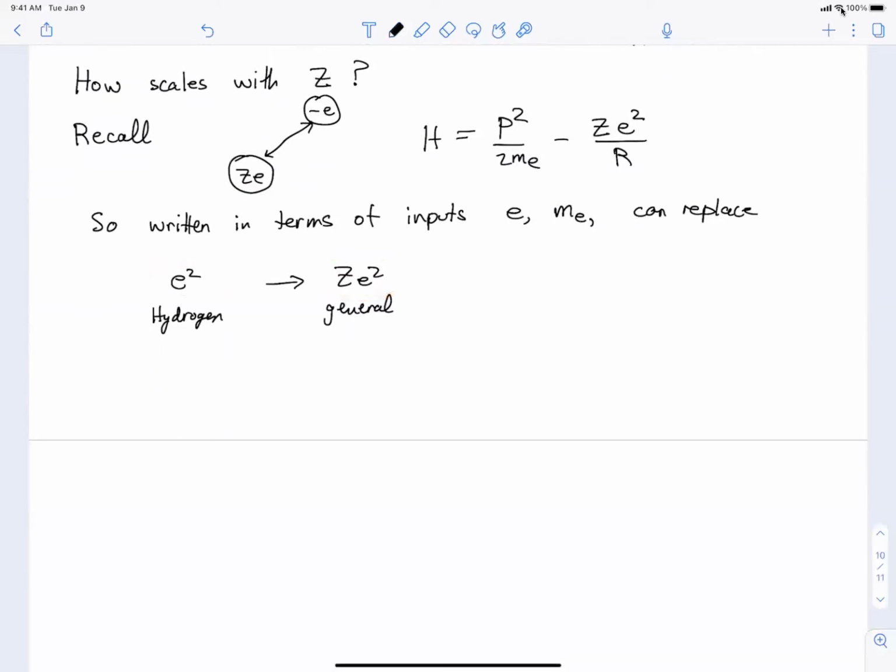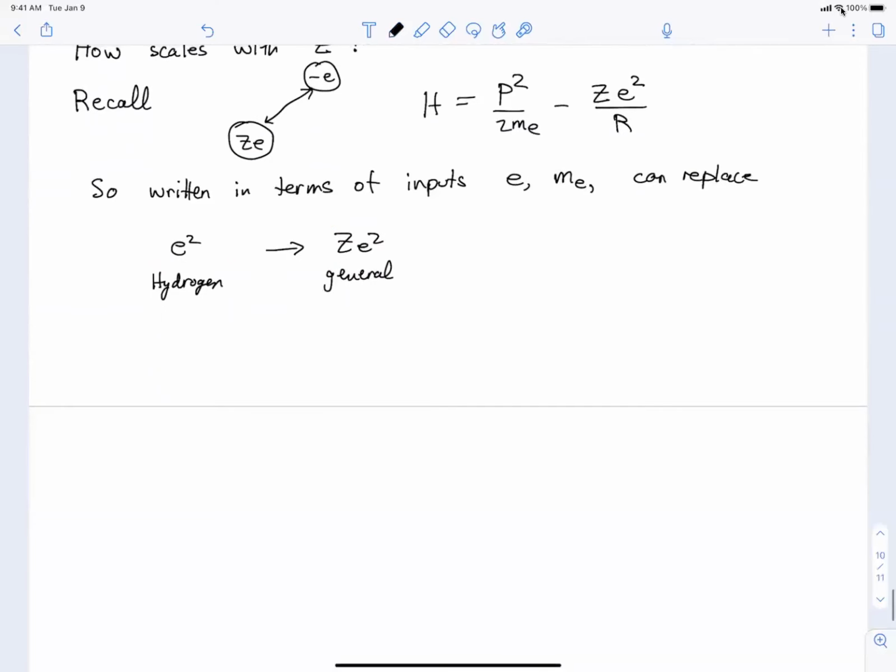So let's see what that means for different quantities that we can write down. For example, there's the fine structure constant, alpha. If you look up what alpha is, it's e squared over h bar c. h bar and c are constants of nature.